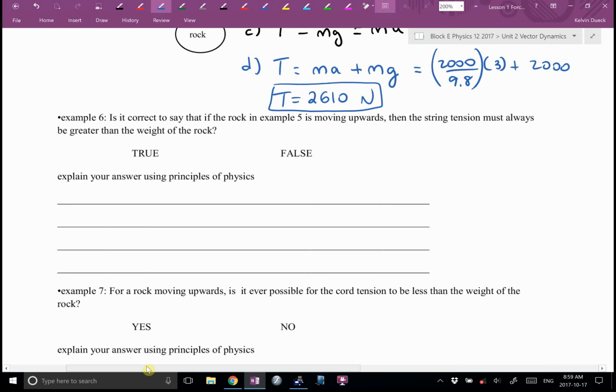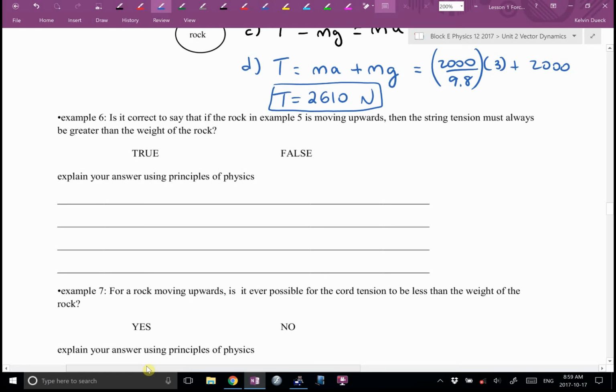The string tension must always be larger than gravity? Is that correct? Once again, we get to vote. Once again, how high you hold your hand up is how sure you are of the answer. So this is our thought question. If the rock is moving upwards, does the tension have to be bigger than mg?